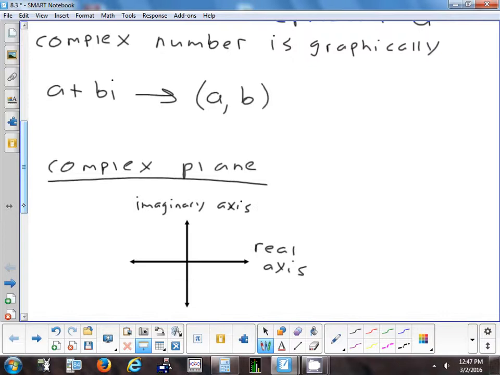Instead of an x-axis and a y-axis, you have a real axis and an imaginary axis. Your real axis is horizontal. The imaginary is vertical. For the real axis, positive is right, negative is left. Imaginary, positive is up, negative is down.